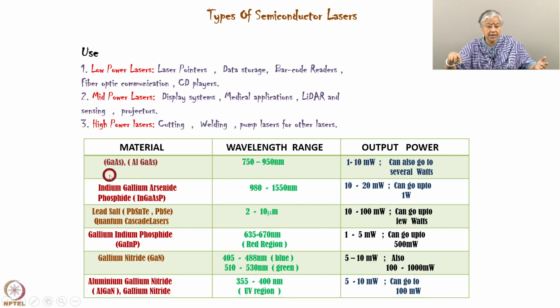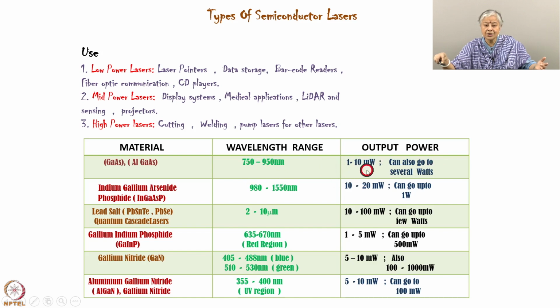Suppose I have this material, gallium arsenide or aluminum gallium arsenide. These two materials are used and they will give you a wavelength range of 750 to 950 nanometer. And the output power will be in the range of 1 to 10 milliwatt. So, it is not really very high.